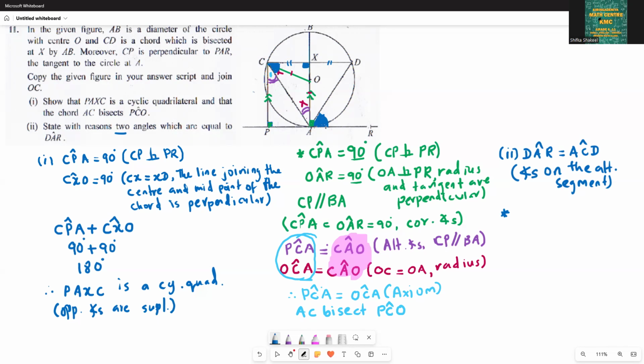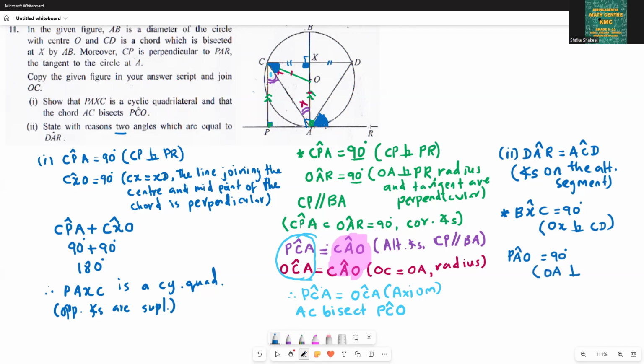BXC, if this is 90, this is also 90. BXC equals 90. Already we showed that OX is perpendicular to CD. The radius and the tangent are perpendicular, that is 90 degrees. PAO equals 90 degrees. Why is that 90? Because the radius and the tangent are perpendicular.